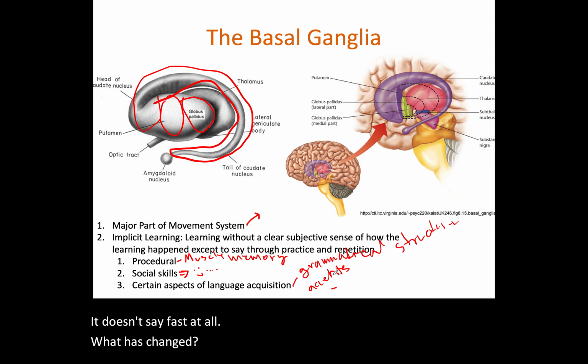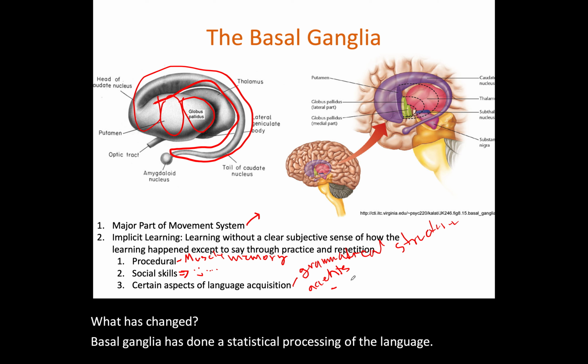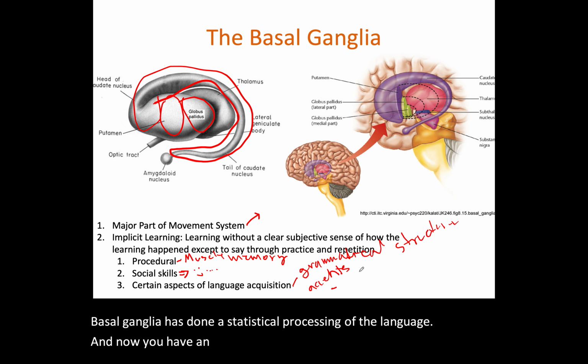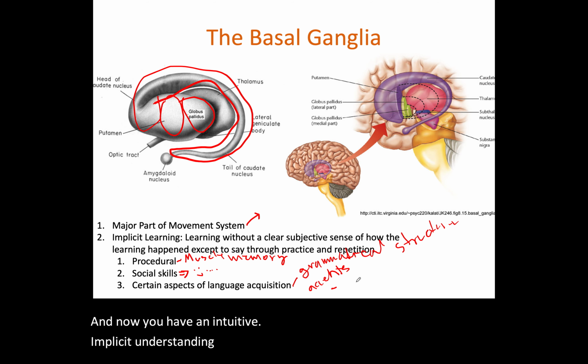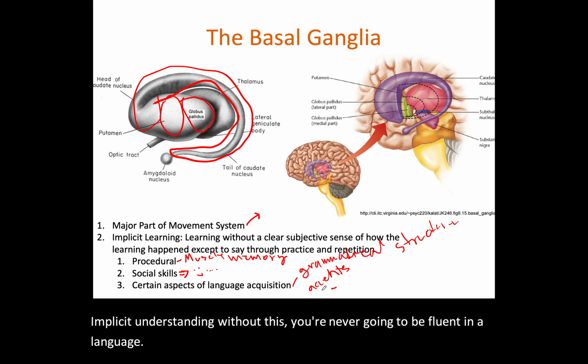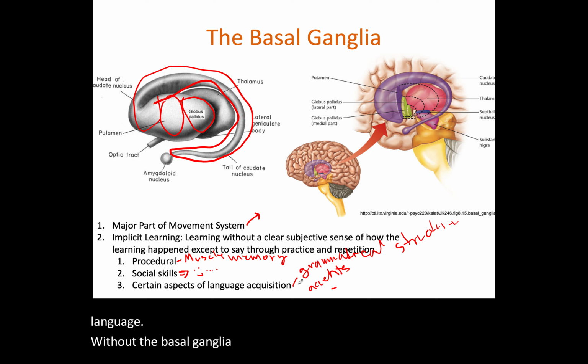Basal ganglia has done a statistical processing of the language, and now you have an intuitive, implicit understanding. Without this, you're never going to be fluent in a language. Without the basal ganglia coming along, it will never be a natural, fluent language for you.